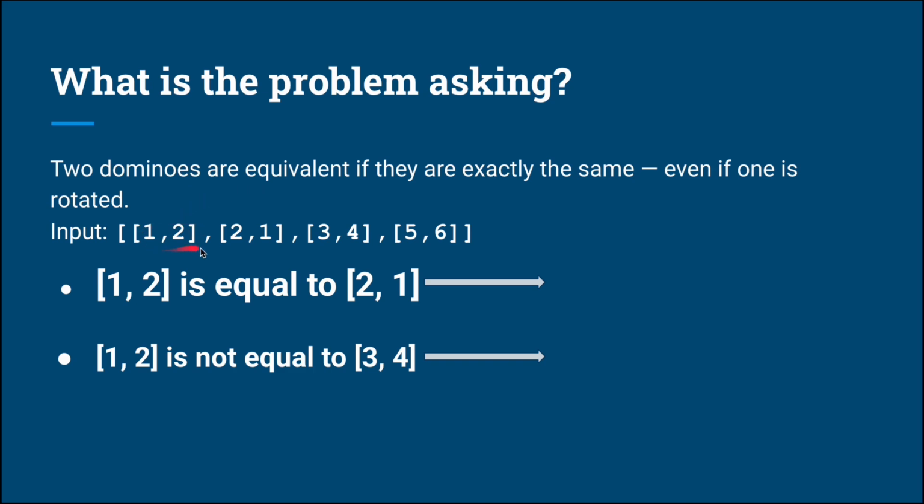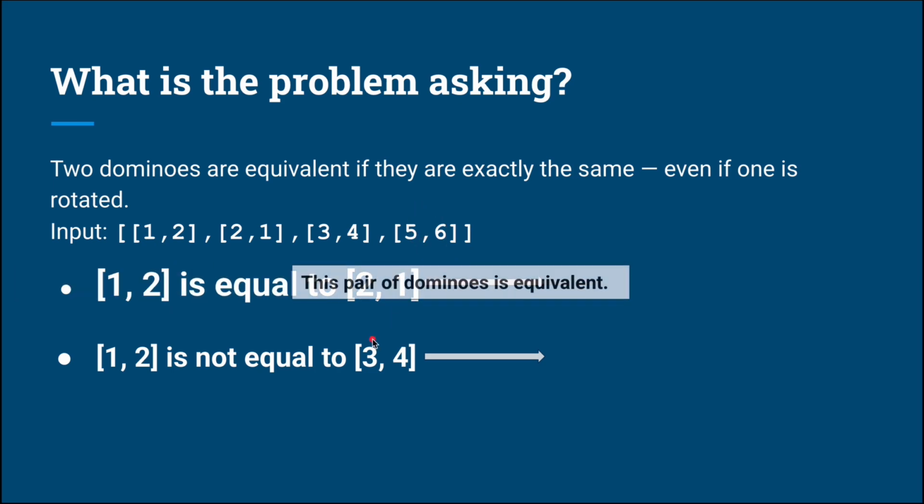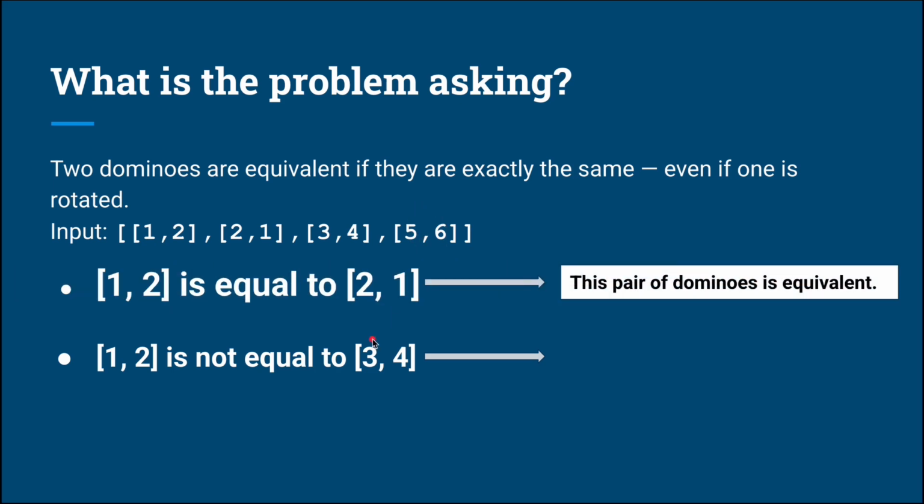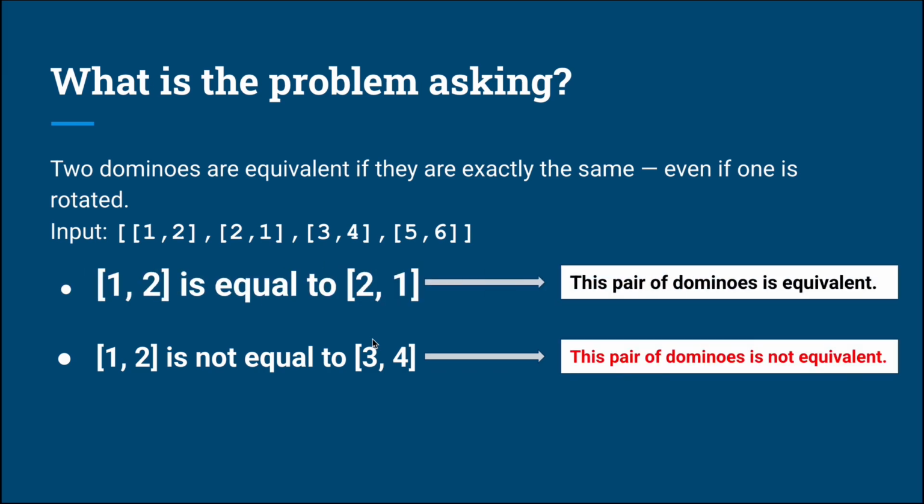For example, in the first example, [1, 2], [2, 1], [3, 4], [5, 6]: [1, 2] is equal to [2, 1], so this pair of dominoes is equivalent, but [1, 2] is not equal to [3, 4], so this pair is not equivalent.